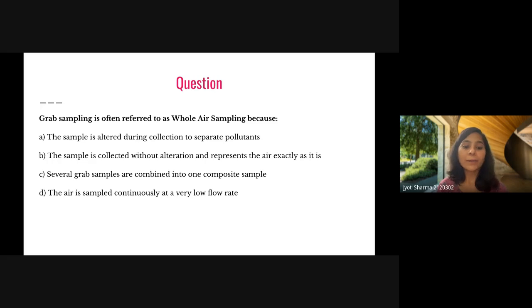And the air is sampled continuously at a very low flow rate. So, can you tell me the answer for this? Venkateshwara gave me B answer. Can I expect more answers from more people?